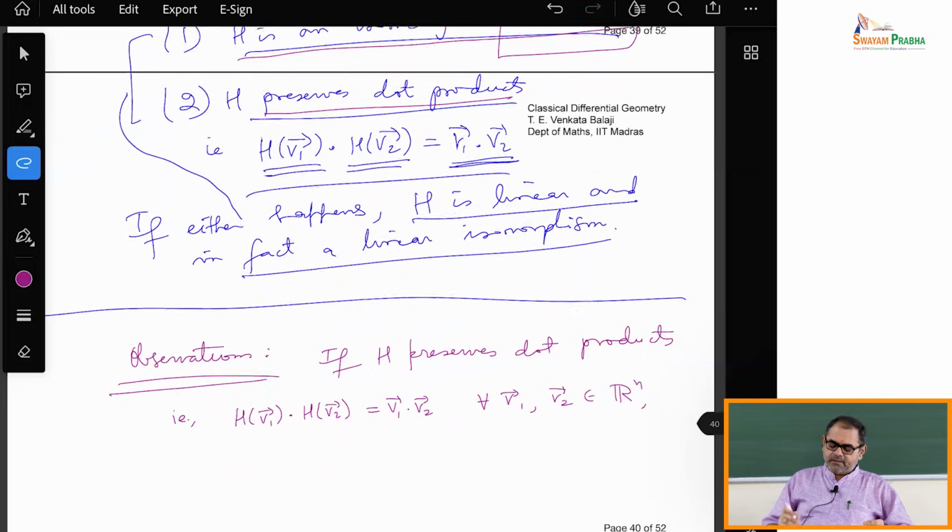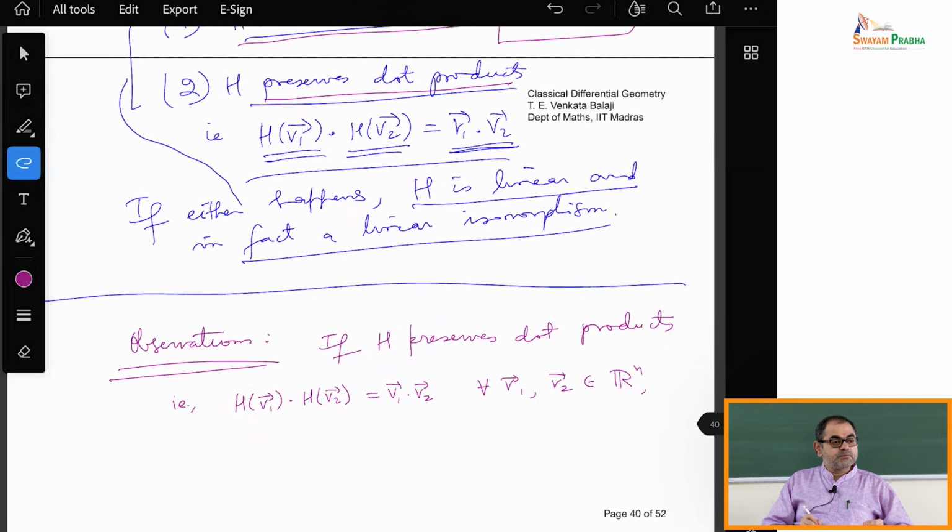Then what does it imply? You set V1 equal to V2 equal to V, and you will get HV dot HV is equal to V dot V. But HV dot HV is norm HV squared, so that will be equal to norm V squared, which means norm HV equals norm V. So H will preserve norms.